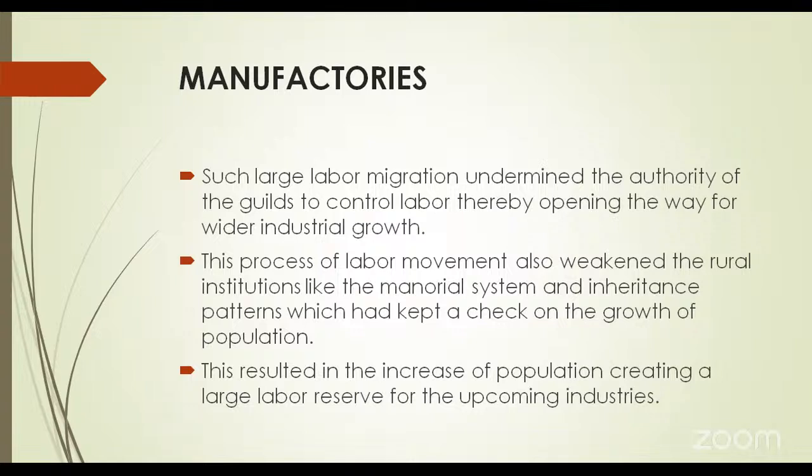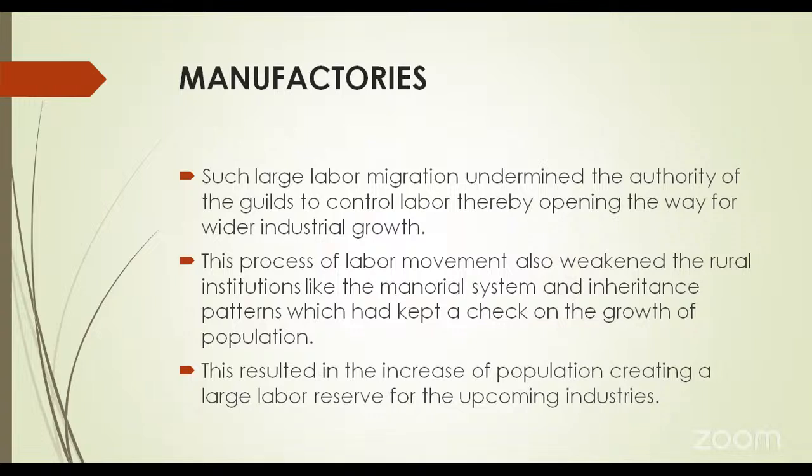So the society had reached a point where the only thing next was industry. It also weakened the rural institutions like the manorial system and inheritance patterns, which had kept a check on the growth of population.